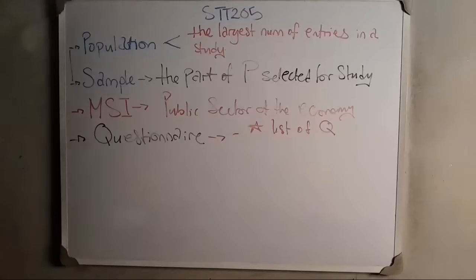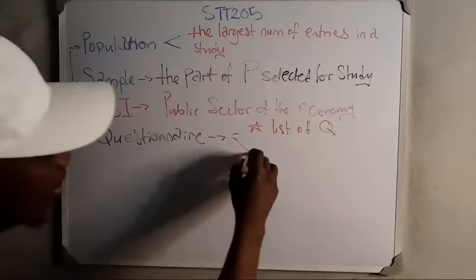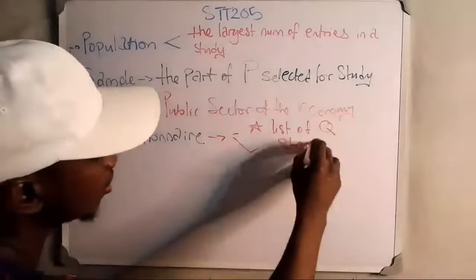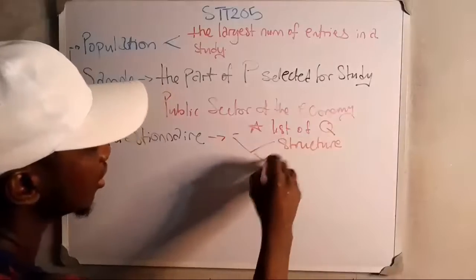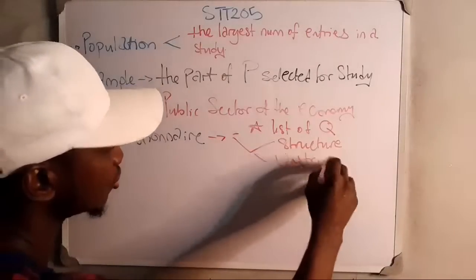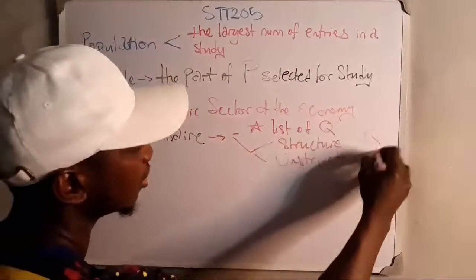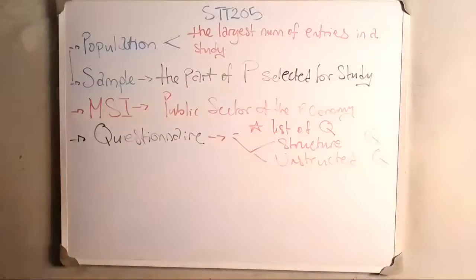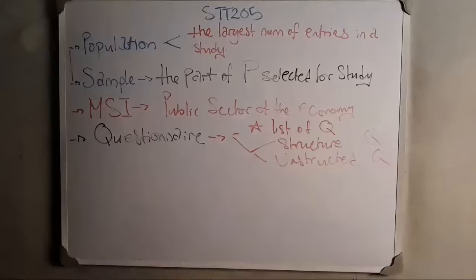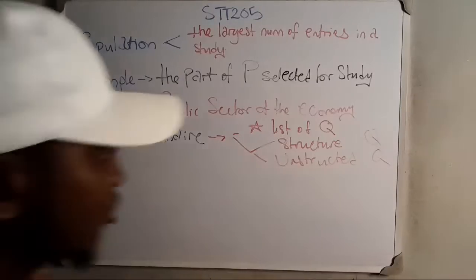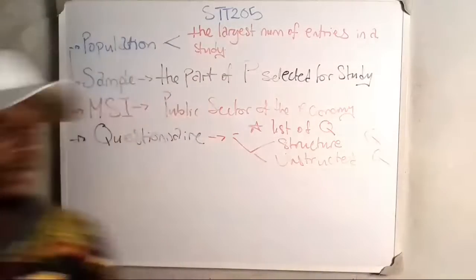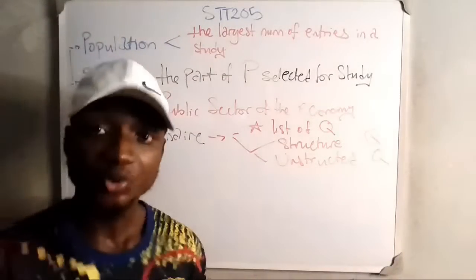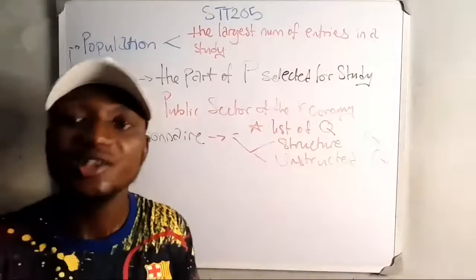Now, there are basically two types of questionnaires: the structured and the unstructured questionnaire. A very simple explanation is that in the structured questionnaire, respondents are to respond to specific questions in a specific way.